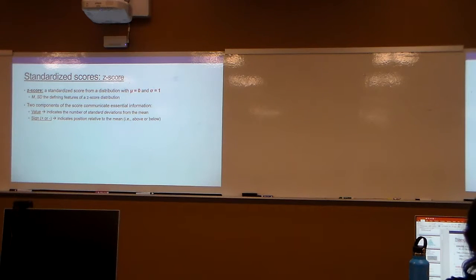Two components are communicating stuff to us, the value. The value of your z-score is going to tell you, for any individual observation, how many standard deviations away from the mean it is. Okay? Thinking about things in terms of standard deviation units is going to be very, very helpful.